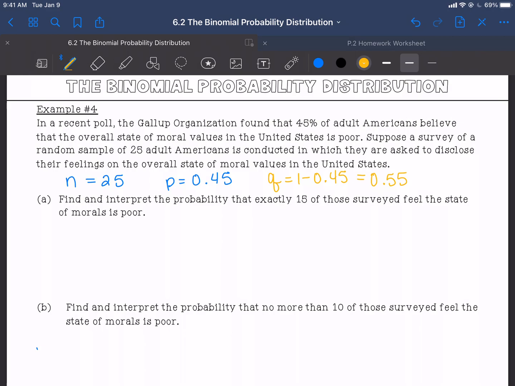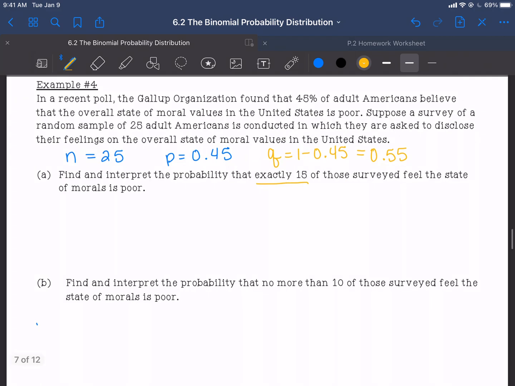So in part A, it says find and interpret the probability that exactly 15 of those surveyed feel the state of morals is poor. So we're finding the probability that x is equal to 15 because it says exactly 15. We're talking about the morals being poor, which is the 45%, so we're using p being 0.45.